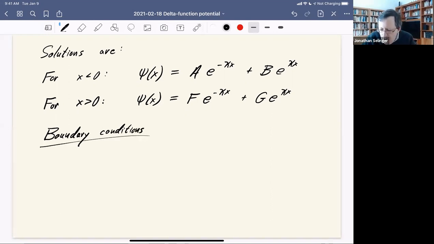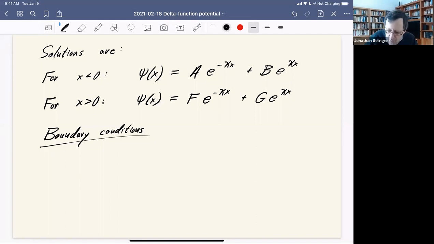Okay. So for one thing, we know that the function has to be normalizable, okay? So the function has to be something that you can integrate from minus infinity to infinity, right?